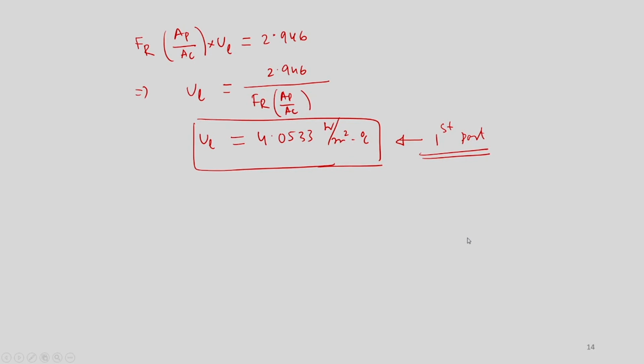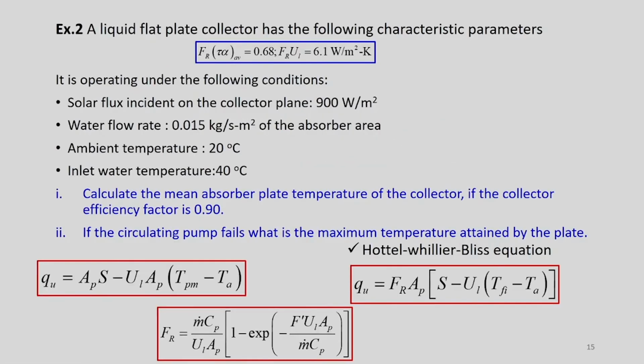Now let us solve one more problem. A liquid flat plate collector has the following characteristic parameters: FR tau alpha is given, FR UL is given. Here AP by AC is the same, so this is 1.